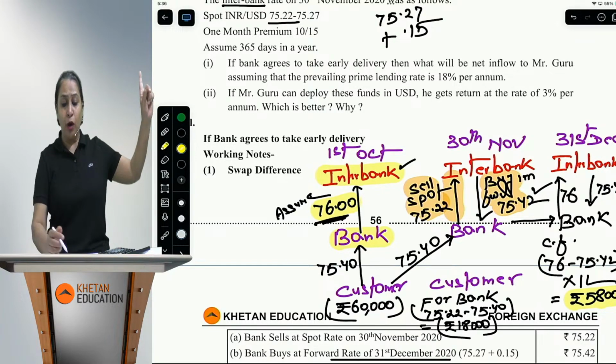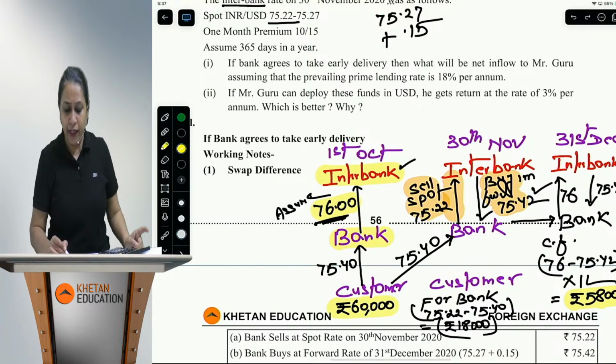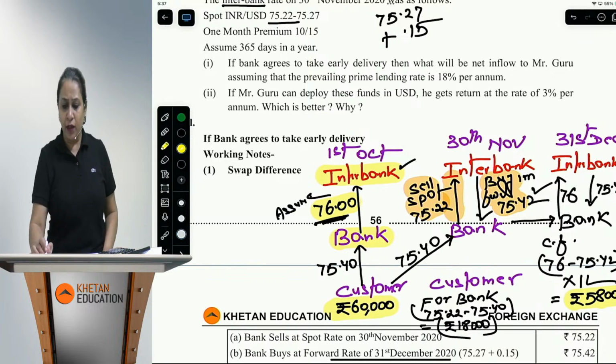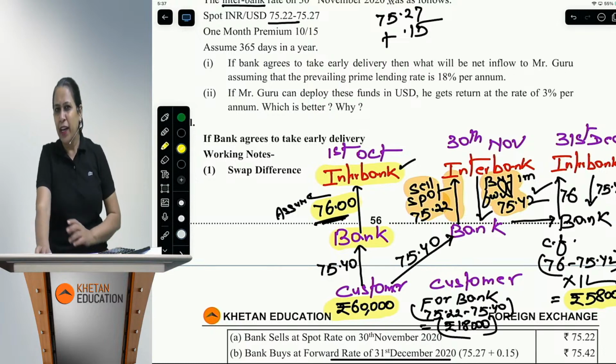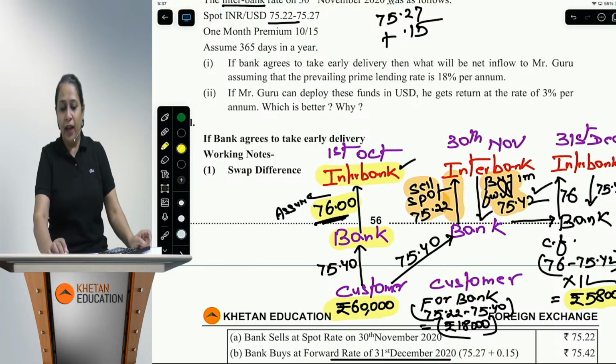But it had blocked a gain of 60,000. Because of the customer's activities, it is blocking a gain of only 40,000. 58,000 minus 18,000 is 40,000.